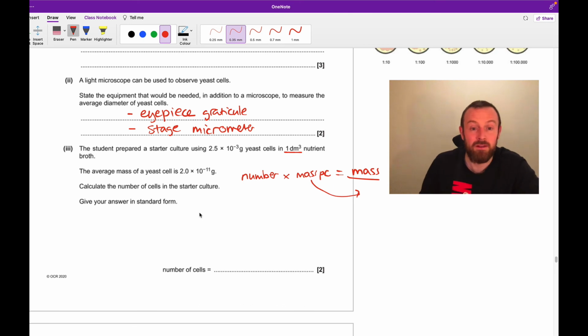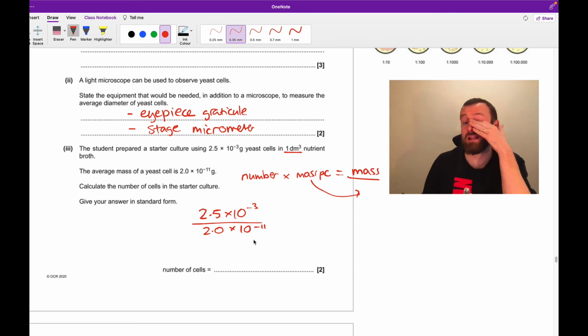So let's do that. So it's the mass, which is 2.5 times 10 to the minus 3, divided by 2.0 times 10 to the minus 11. Now we can do some cancelling here. So the minus 3, get rid of that.